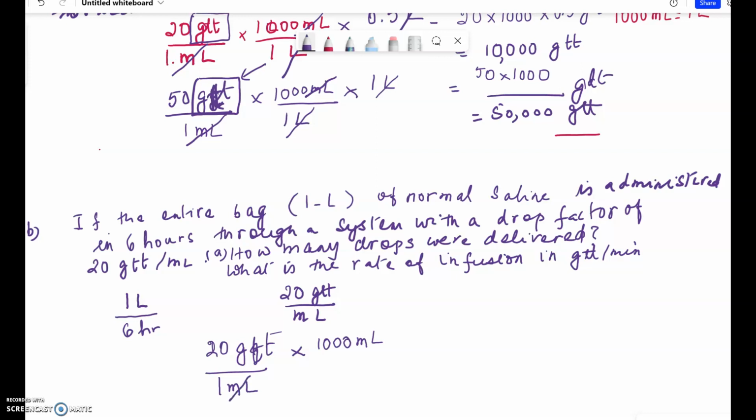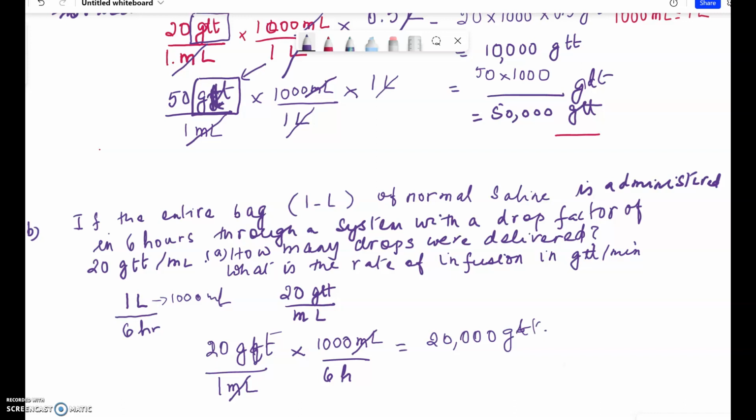So we cancel the milliliters with the milliliters. Per 6 hours, so 1,000 milliliters is 1 liter. Per 6 hours. So in 6 hours, 20,000 drops were delivered.